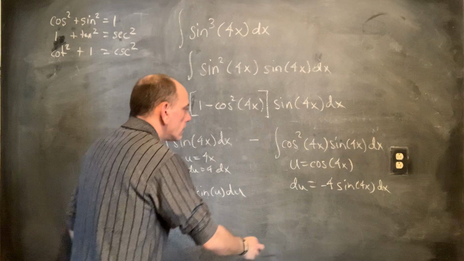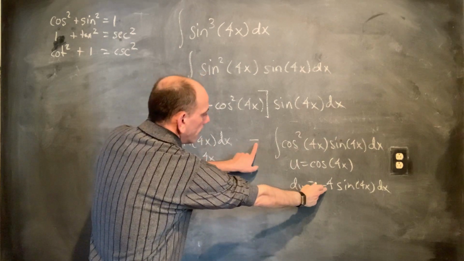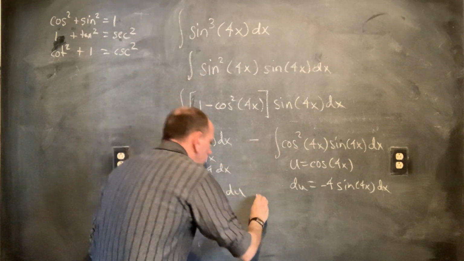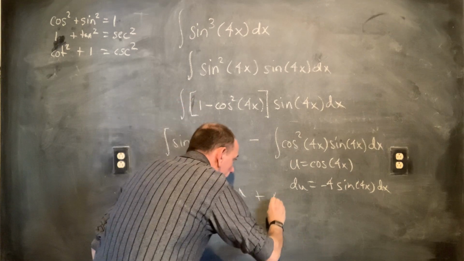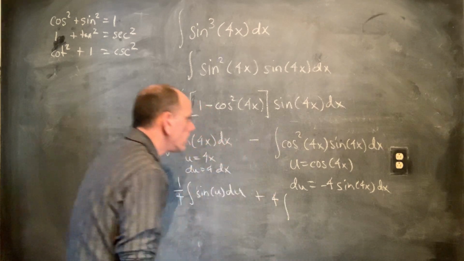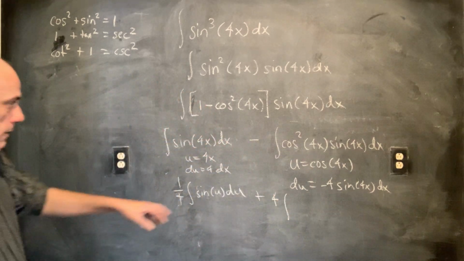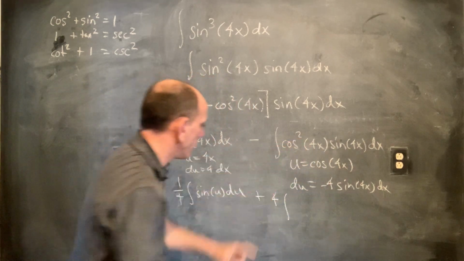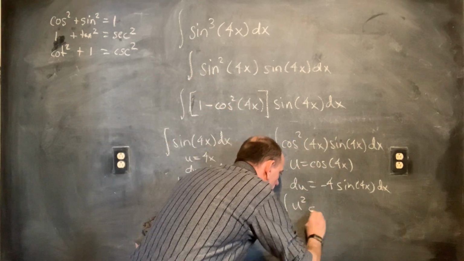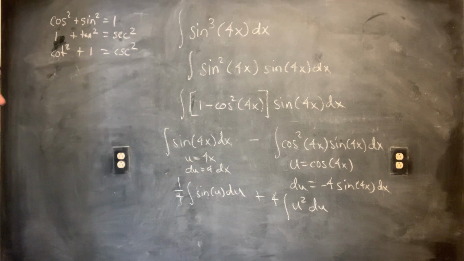Over here, I have the negative negative, so that'll become a plus. The 4 comes outside. Integral, excuse me, the cosine of 4x is my u, so I just have u squared du.